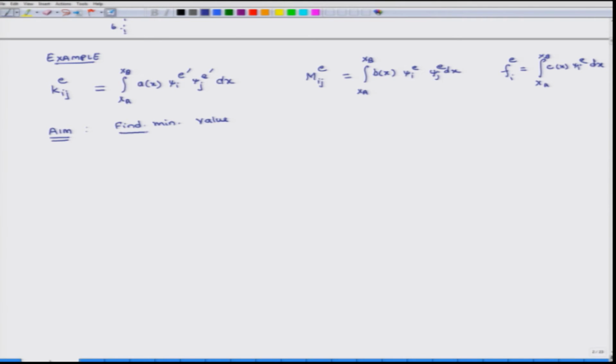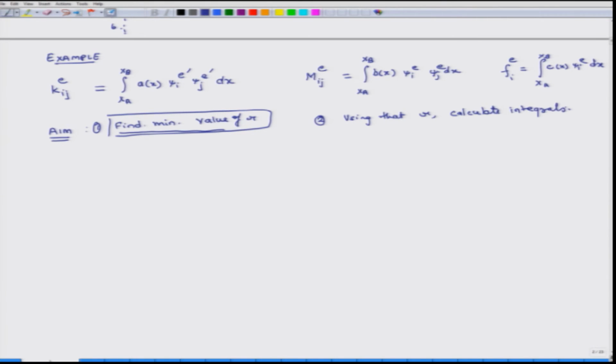So, the goal is the minimum value of r, and then the second step will be to use that r to calculate those integrals.